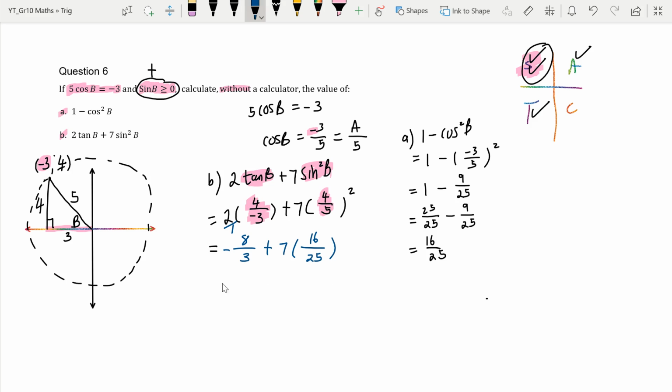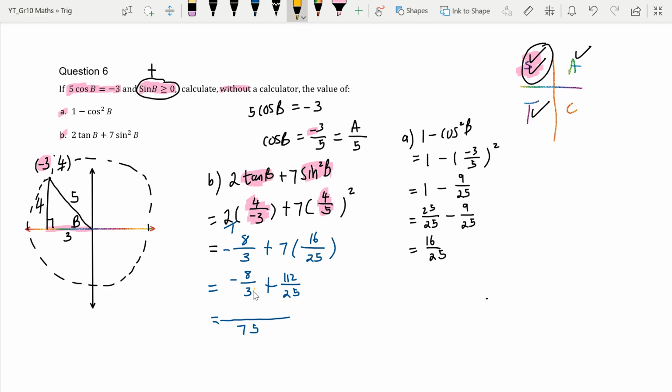And there we've got large numbers, but that's okay. 7 times 16 would give us 112 over 25. And this is not the best fraction, but that's okay. We can make our denominators the same. Let's just multiply them by each other. So that would be 75.